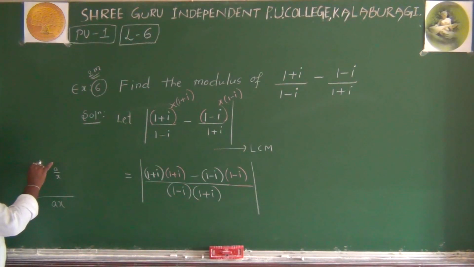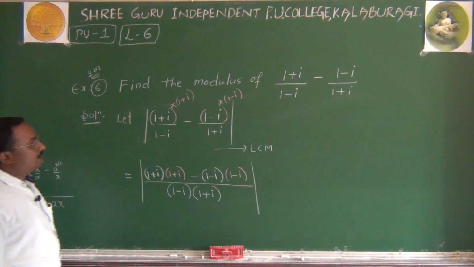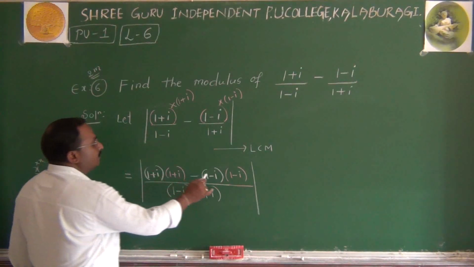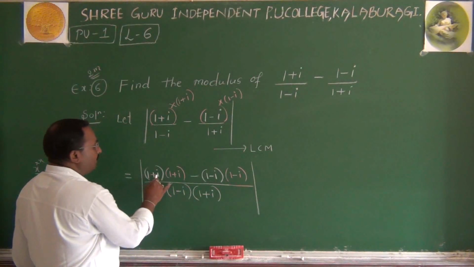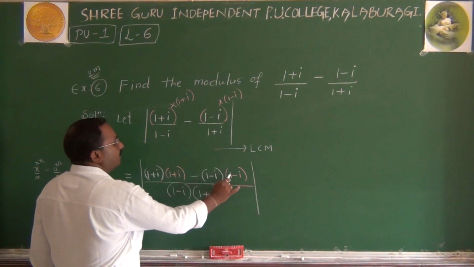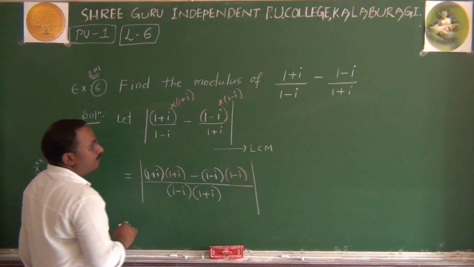Here absent for x, here absent for a, giving x square and a square, if you are interested. Next step, x into x, a into a: 1 plus i, 1 plus i, 1 minus i, 1 minus i.